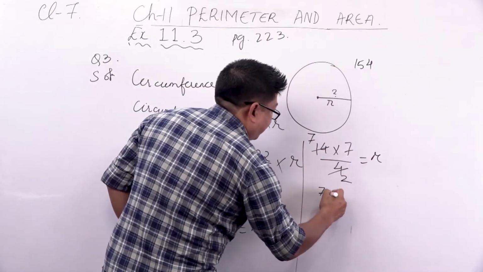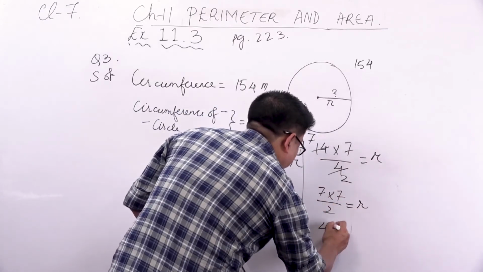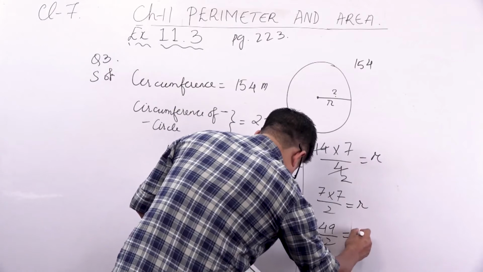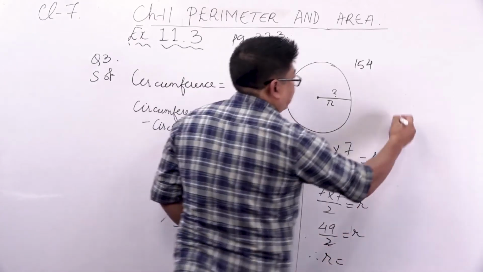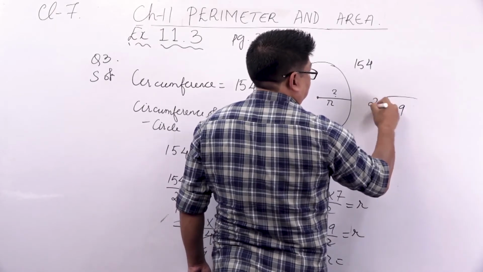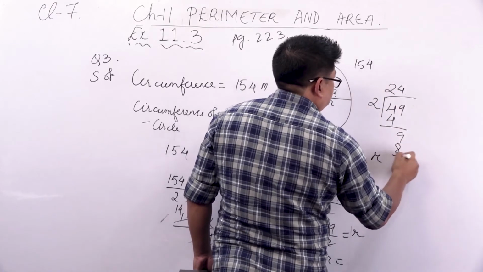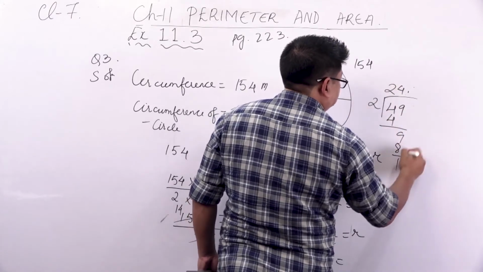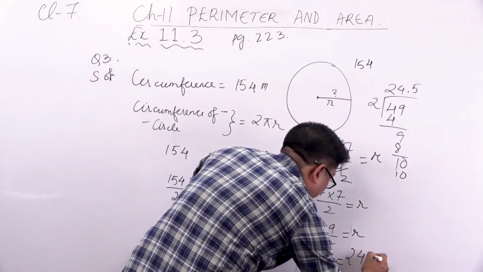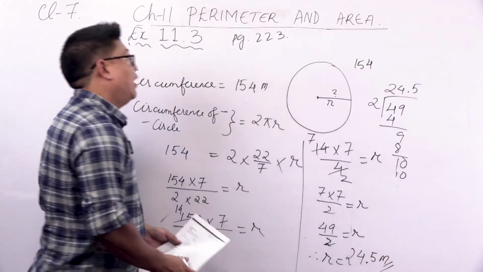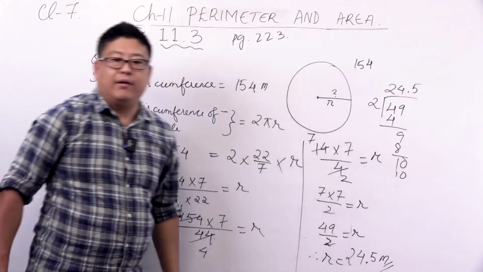So I have 7 into 7 by 2 is equal to R. This can be written as 49 by 2 is equal to R. And therefore, R is equal to 49 divided by 2, I get 24.5 meter. So we have found out that radius is 24.5 meter.